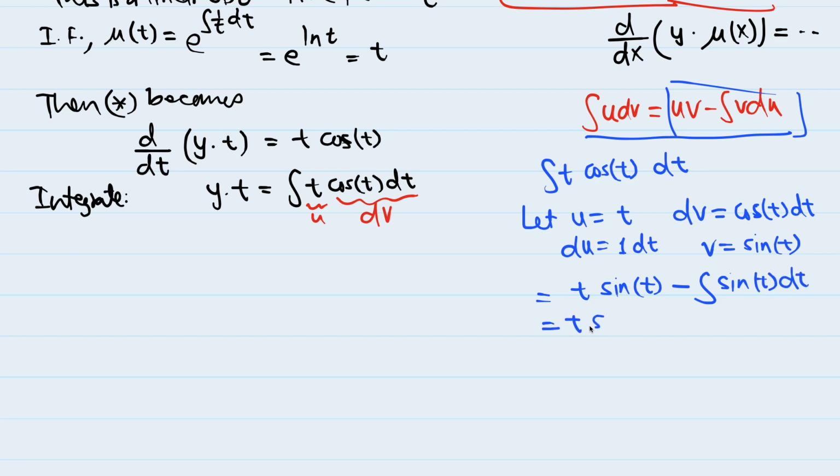So this is t sine t minus the antiderivative of sine, which is negative cosine, plus c. This minus and negative make a plus, so I'm going to write this over here.